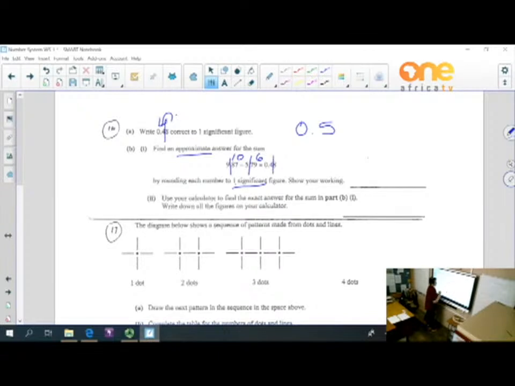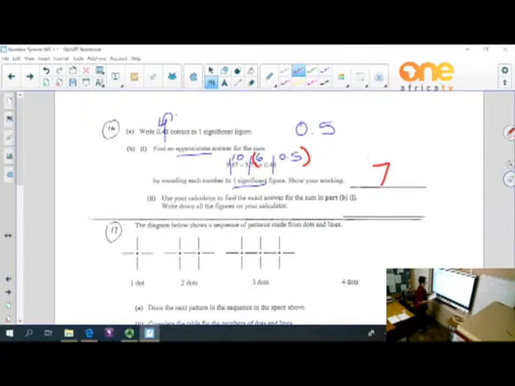One significant figure is there, which will make it 0.5. So 10 minus 6 times 0.5. I still have to look at BODMAS. So first, half of 6 is 3, and 10 minus 3 is equal to 7.